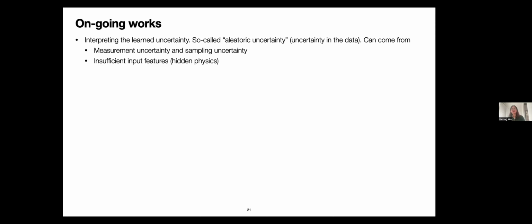It can come from the measurement itself, also the sampling window, and it also can come from insufficient input features. And that's what we usually call hidden physics. So you are not giving the neural net enough inputs to capture all the variance.